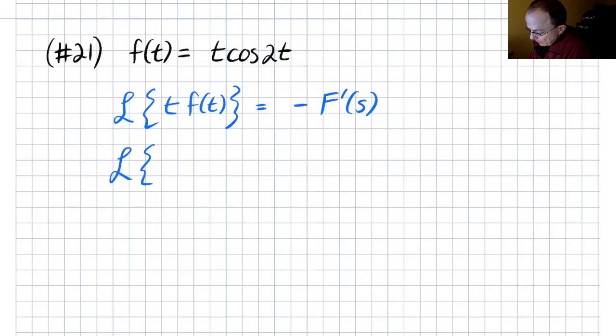So in this case, let's see, the derivative of the Laplace transform of cos 2t, so that's s over s squared plus 4.